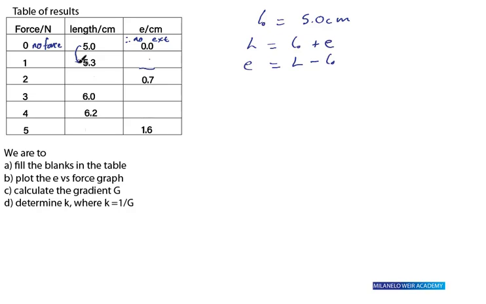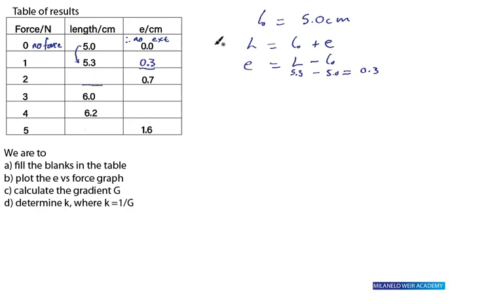So what's the difference? 5.3 minus 5 is equal to 0.3. So E is equal to 5.3 minus 5, which is 0.3. Let's just put a 0.3 here. Alright?